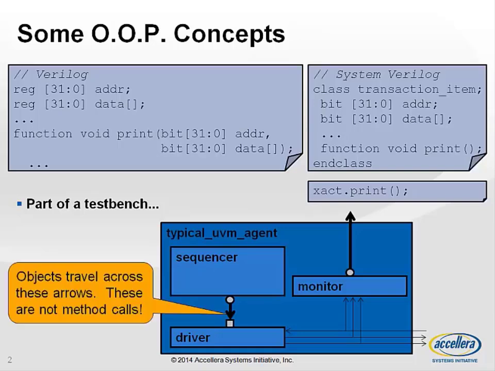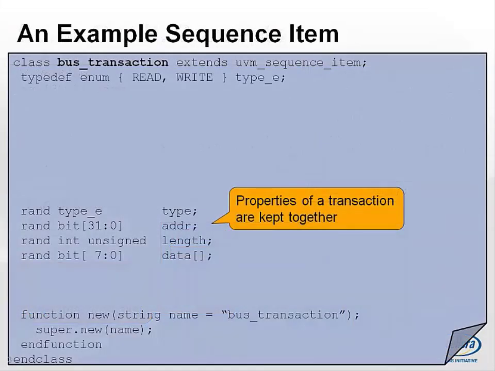So what travels across that big fat arrow now is not a method call. Like in John's presentation, it's little squares. It's little transactions. It's instances of transaction items. It's objects. So sequence item, as John mentioned, is the root class that we use for stimulus in UVM.